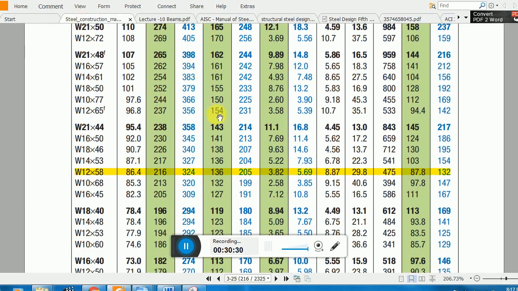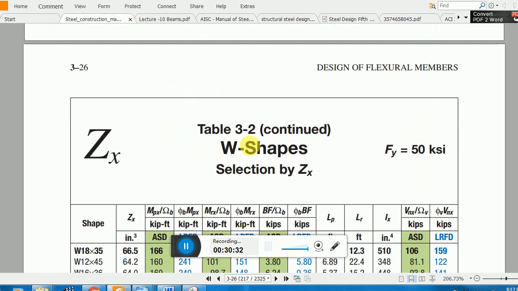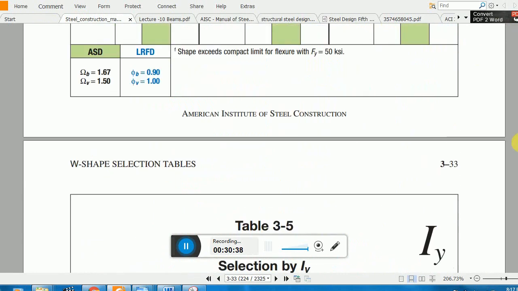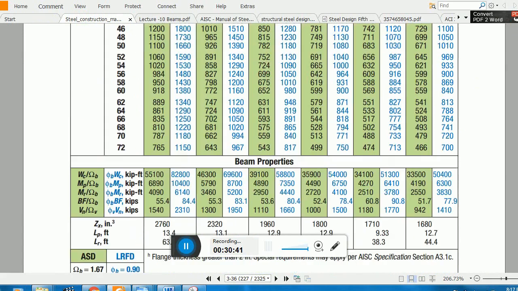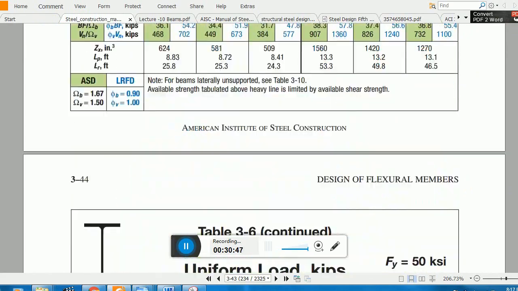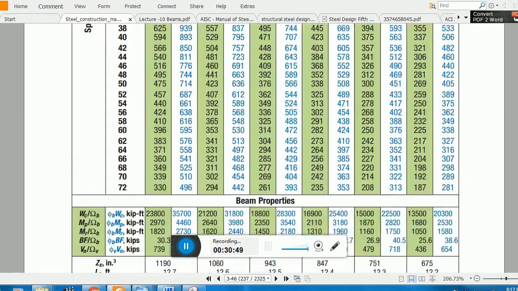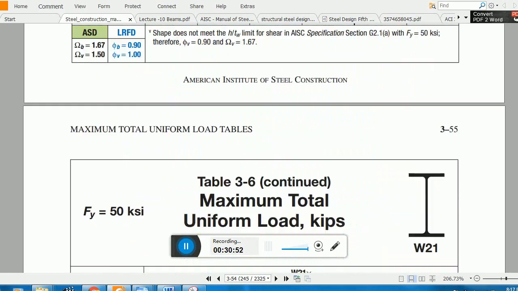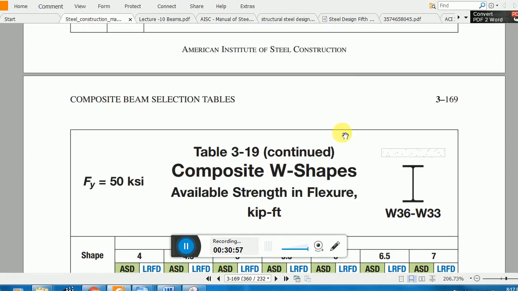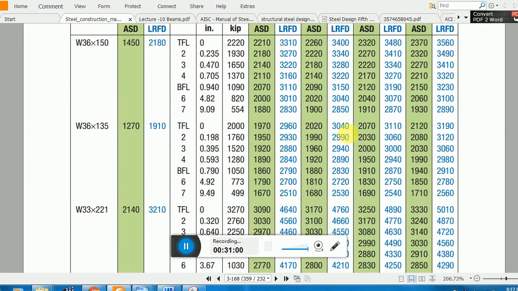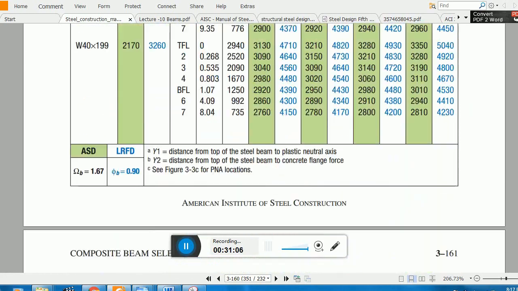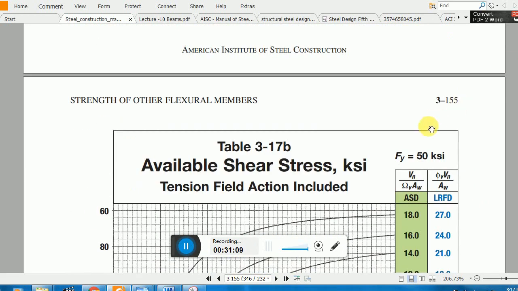I think this is table 3-6, continued, the same table as shown in the third edition. From these tables they choose the value. Clear? Let me show you. I think here we need interpolation as well because the values are not within the range.